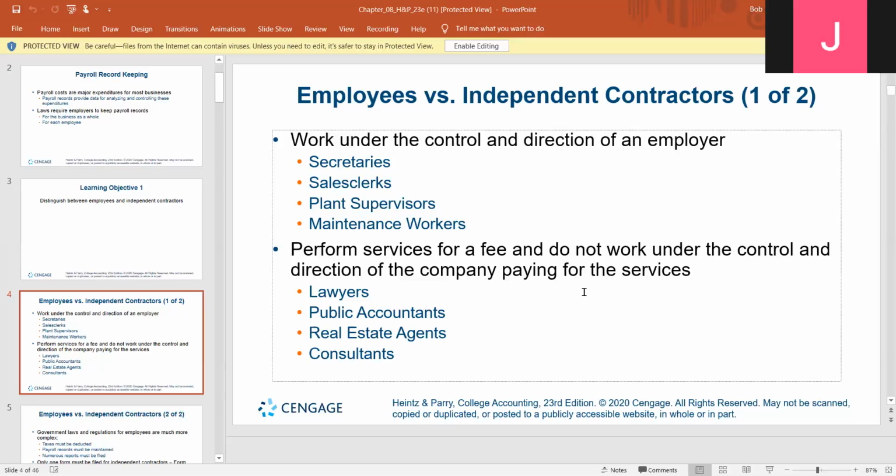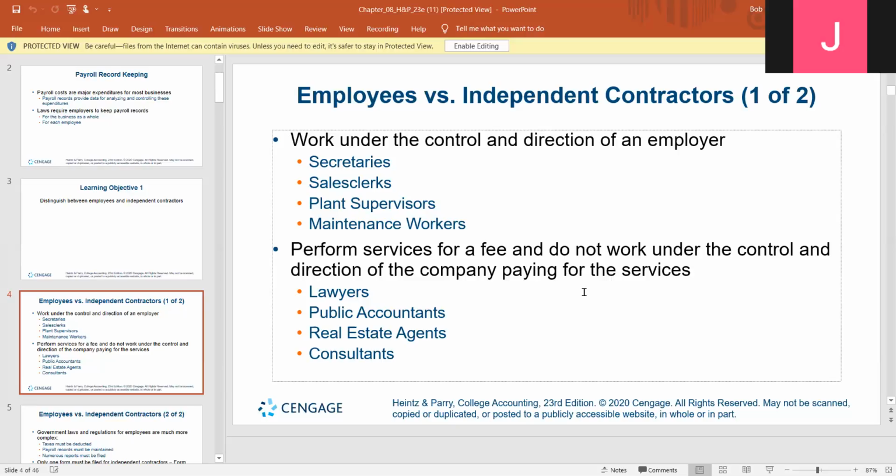For example, you hire a public accounting firm to come in. You don't tell them when to show up on your property. You don't tell them how long they have to be on your property. You don't hand them the tools they need to do the job. You don't supervise their every movement. They are independent of the company. They are truly independent contractors.